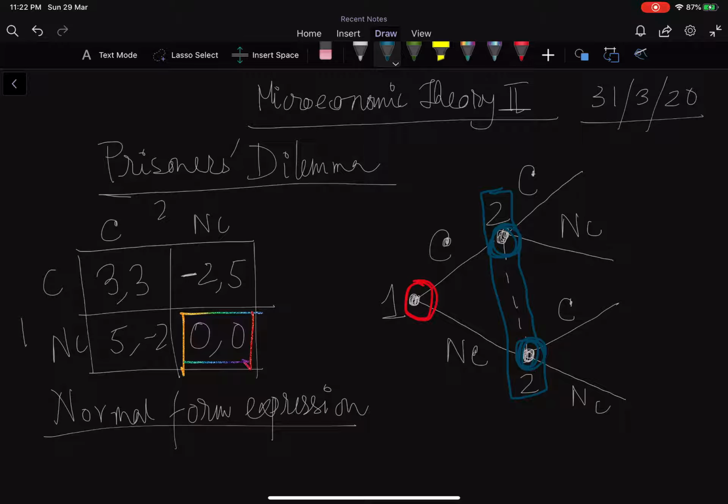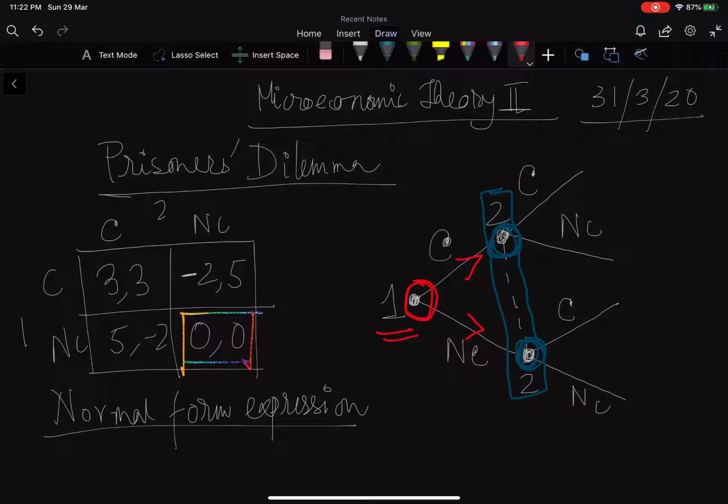So that implies that when 2 makes a choice C or NC, 2 doesn't know whether 1 has chosen C or NC. That makes the game simultaneous move, right? When 1 is moving, 1 doesn't know what 2 has chosen, because I've made 1 the first mover in some sense, and 2 doesn't know which node it is sitting on. So basically 2 doesn't know what 1 has chosen when 2 is making a decision, right?